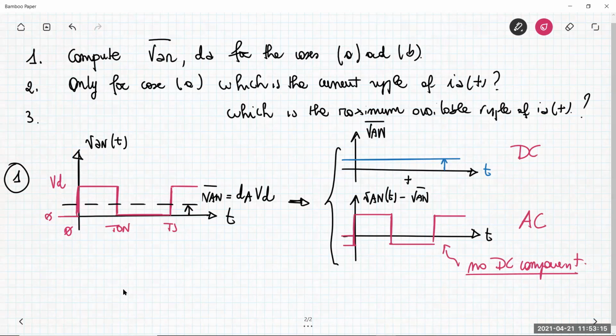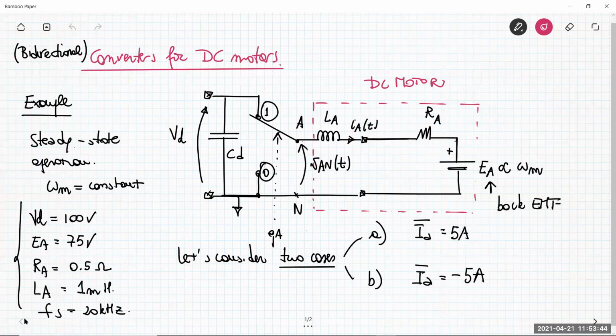The summation of the two gives you exactly VIN(t). Basically the area here should be the same as this one. Maybe the drawing is not correct; I try to do my best to have these quantities be the same. But anyway, the concept is that I can separate the two parts: just the DC part with no AC contribution, and the AC contribution with no DC part.